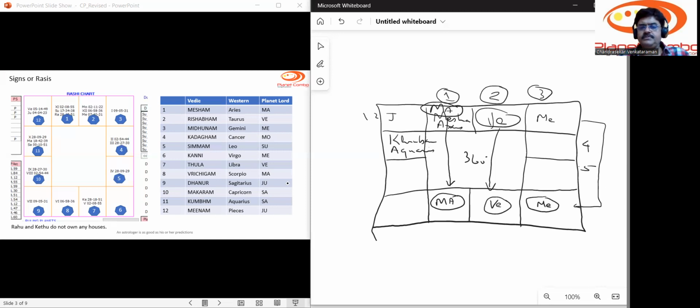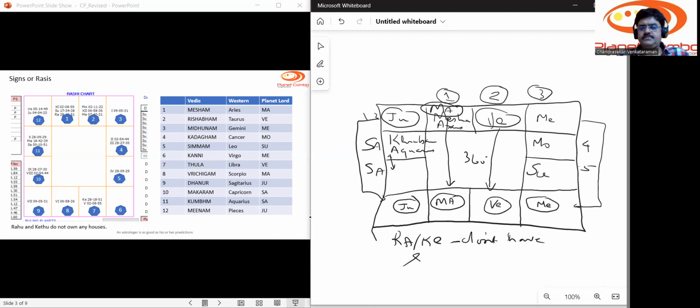This is Jupiter, and this is also owned by Jupiter. This is owned by Saturn, and these two are linked. This is Moon, this is Sun. One point to remember: Rahu and Ketu don't have sign ownership. They don't own any sign. Very important to note.